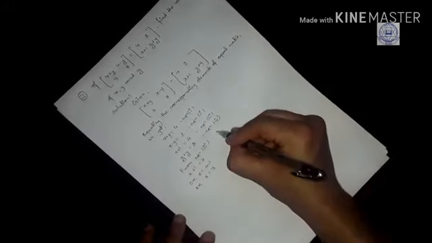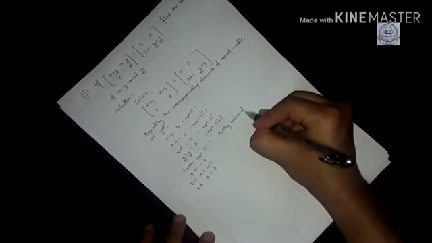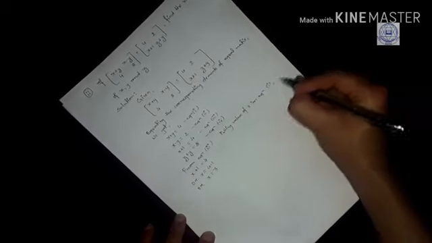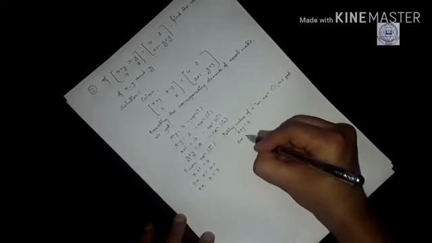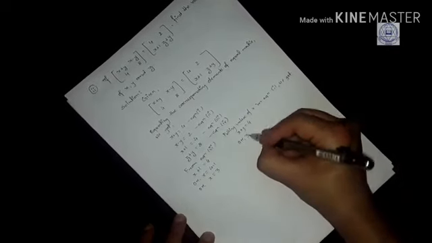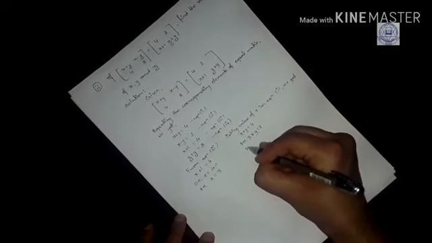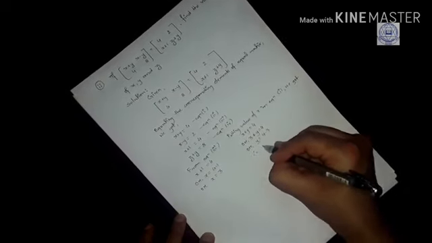So putting the value of x in equation 1, we get x plus y is 4, or 3 plus y is equals to 4, or y is equals to 4 minus 3, therefore y is equals to 1, isn't it?